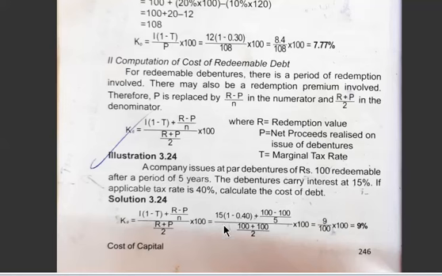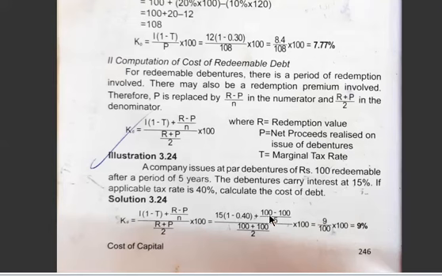Now what is I? I is nothing but 100 into 15%, you will get 15. 1 minus 0.40. Now 0.40 is nothing but 40%. So 40 divided by 100, you will get 0.40, plus. How is it redeemed? If nothing is given, it is redeemed at par. Par is nothing but face value.